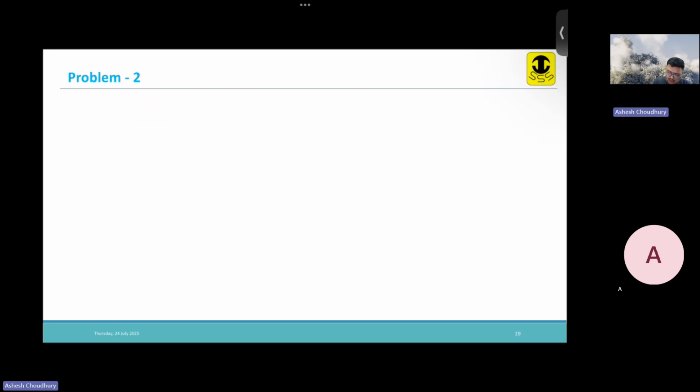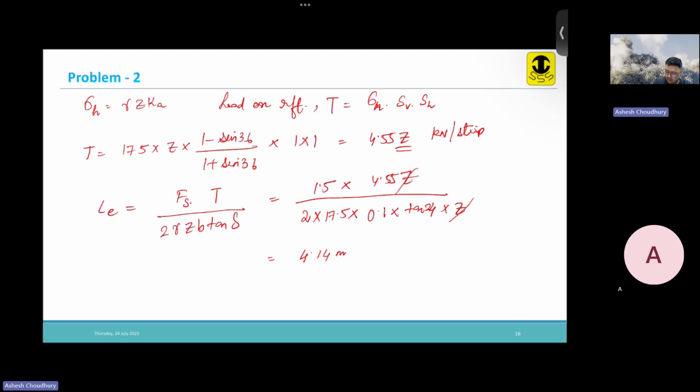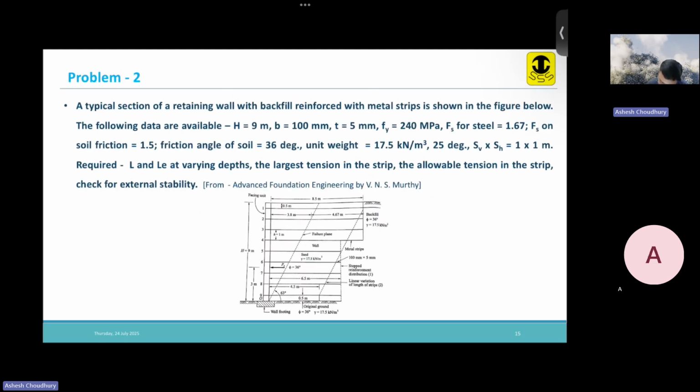While calculating the moment, they are taking this 4.5 times this rectangle, and this triangle they are taking.